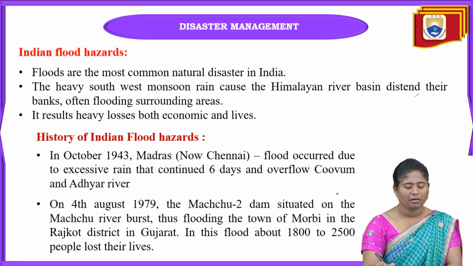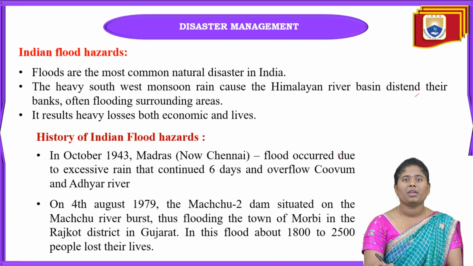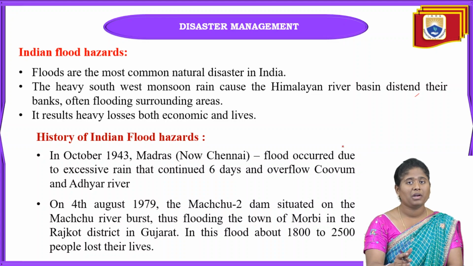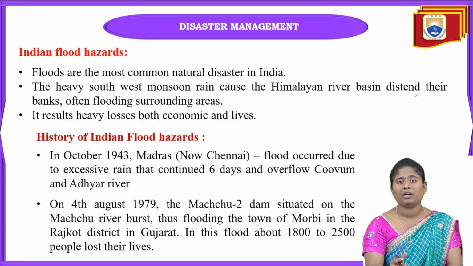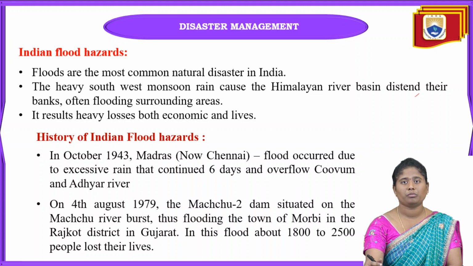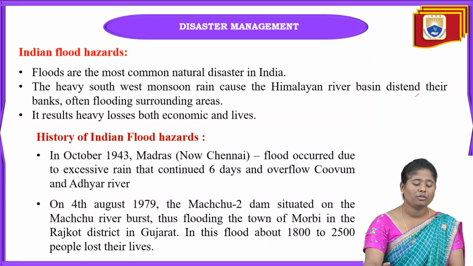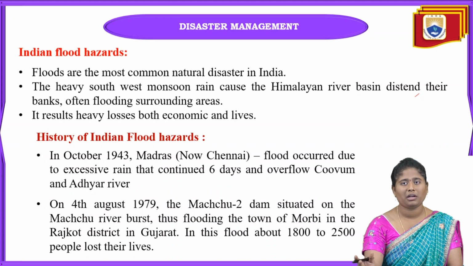Coming to the next one, that is the history of Indian flood hazards. In the previous years, what different types of flood hazards did we face? First, in 1943 in Chennai, a flood occurred due to excessive rainfall that lasted up to 6 days.